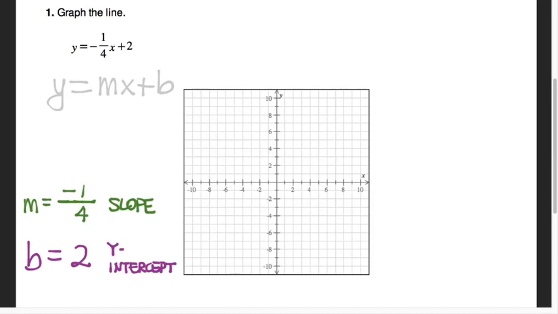I find it's easiest, probably, to first think about the y-intercept. How can I use this y-intercept to give me at least a portion of where this line is located in the xy plane? What do I do with that number 2? Since it's a positive number, we'll go up to y positive.